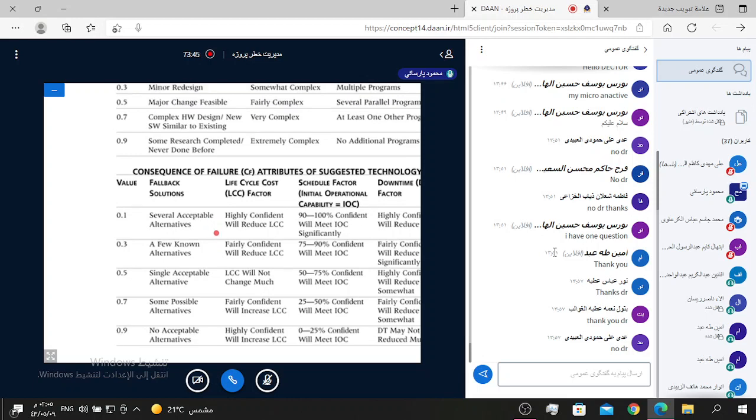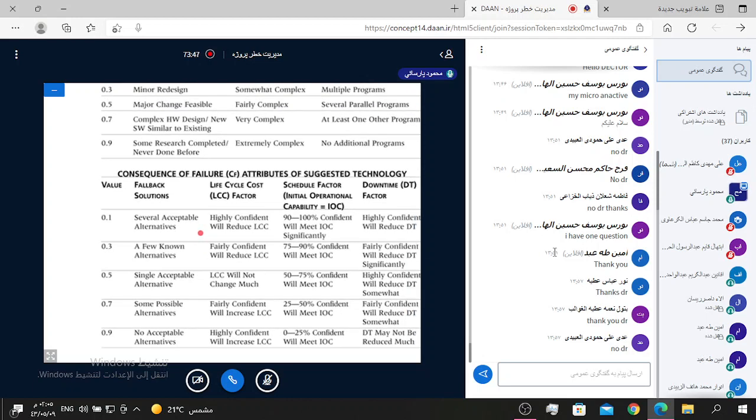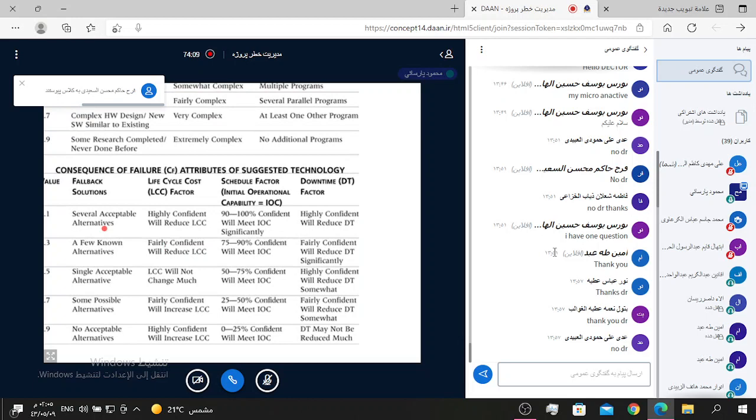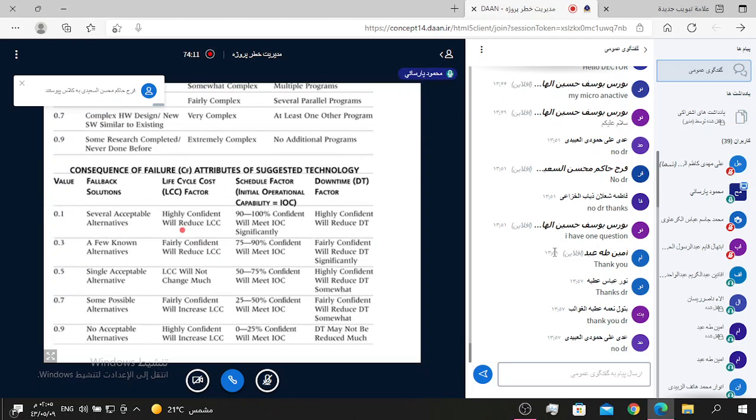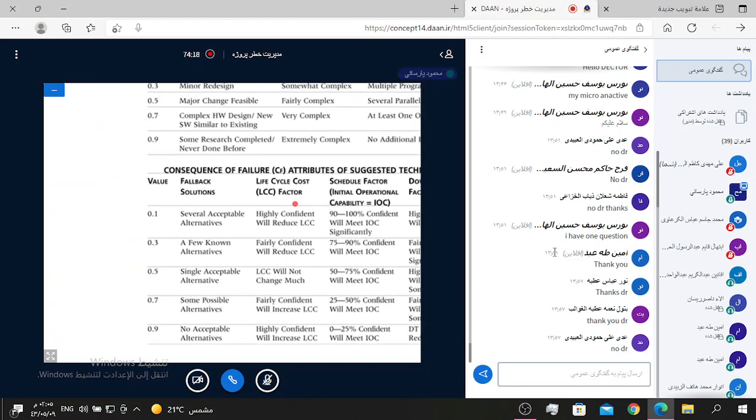And the next column is a schedule factor, or initial operational capability, abbreviation IOC, initial operational capability for a schedule factor. And the last column is downtime, or DT, downtime factor.